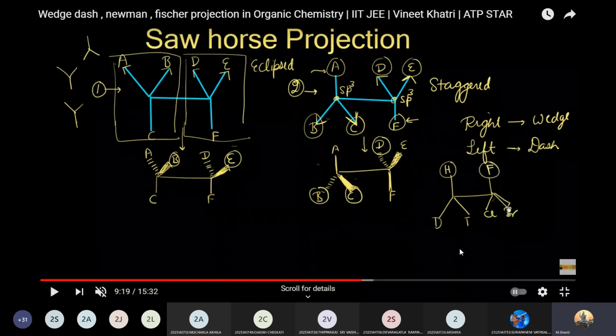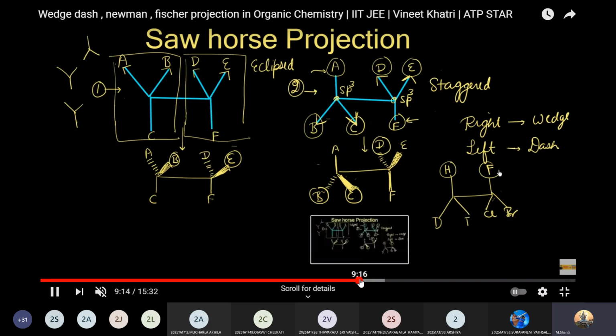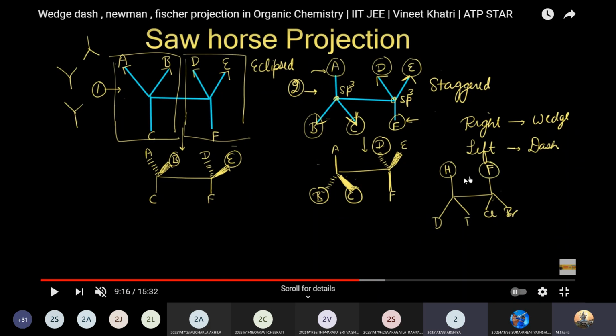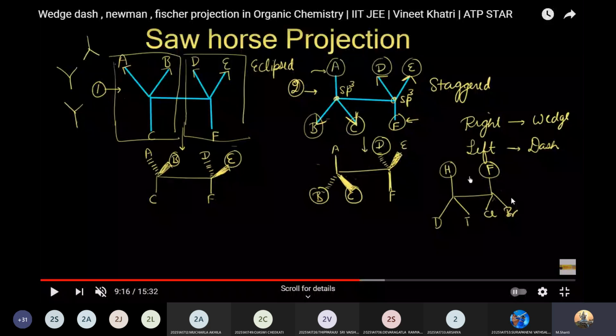Did you complete this? So Br is inclined towards which direction? Yes, right side. Br is inclined to the right direction, so therefore it will be a wedge.